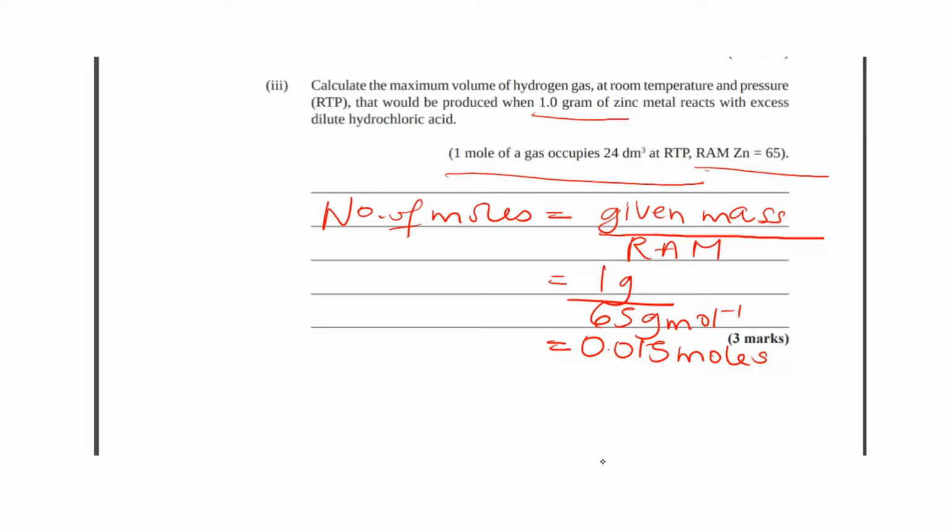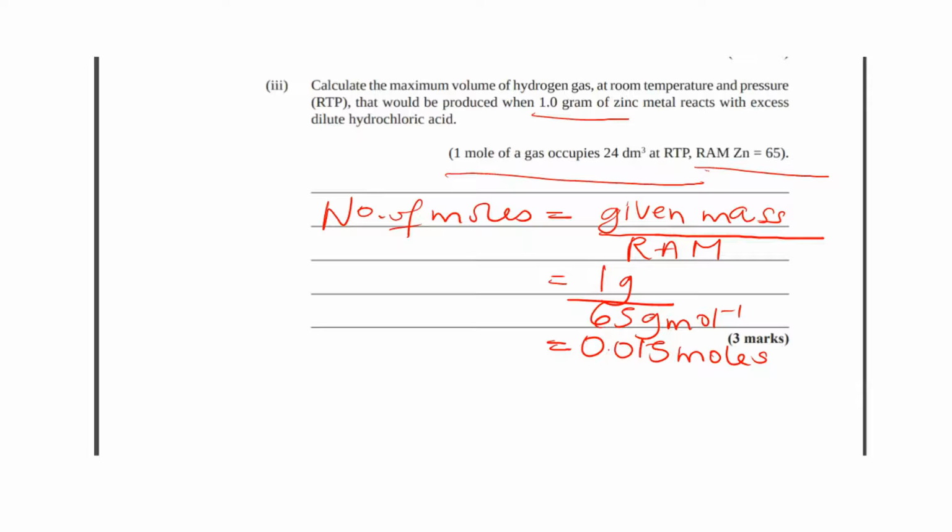Now what we want is the moles of gas produced. All right. So working with what they give us, we have to work with what they gave us to find out what we want.